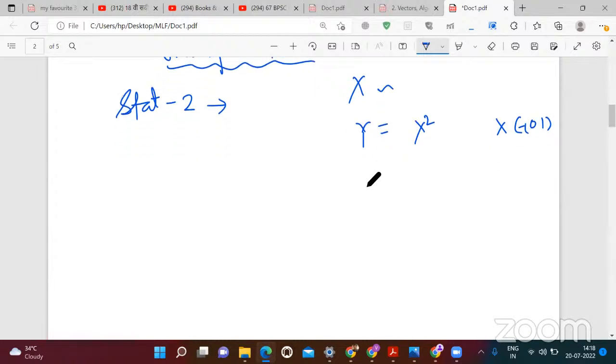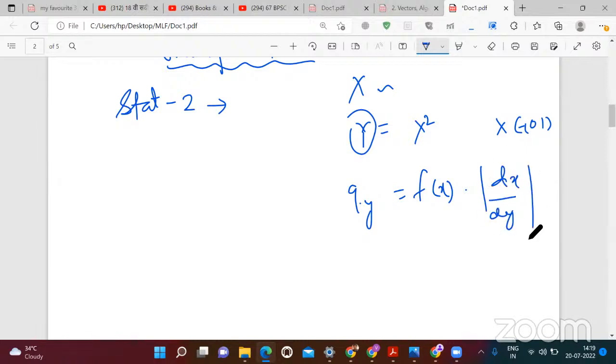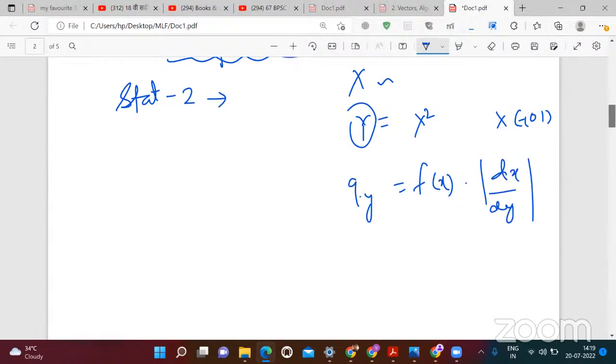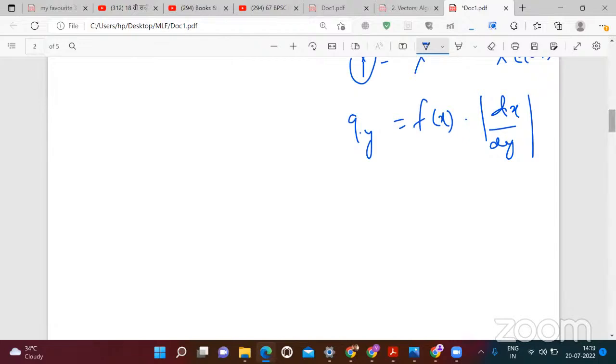So at that time, if you were asked to calculate the distribution of this, you used to take the x distribution you were given, and then use some basic formula. The same thing we are doing here, but here we are dealing with multiple random variables.